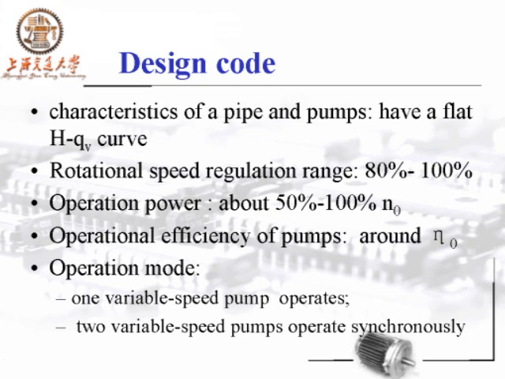Two, the rotational speed regulating range is between 80% to 100%. The operation power relative to this range is about 50% to 100% of N. And in this area, we can keep the efficiency of the pump around the rated value.